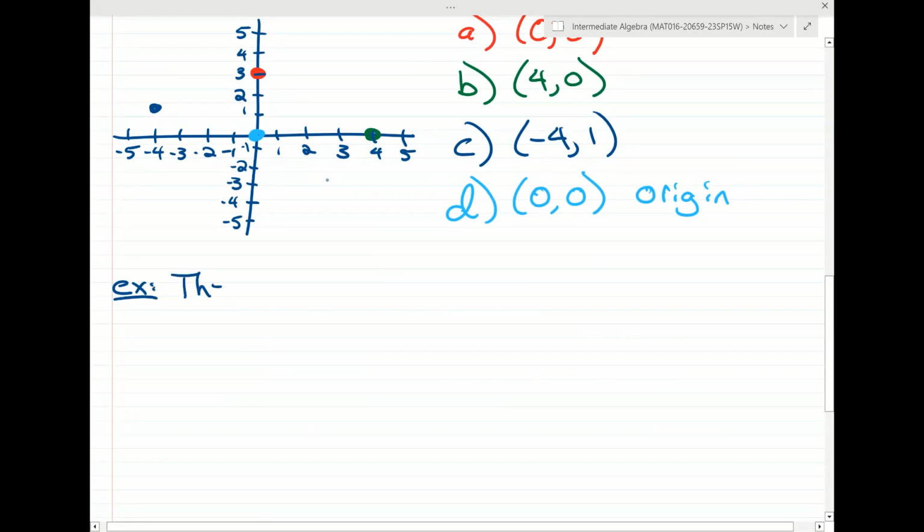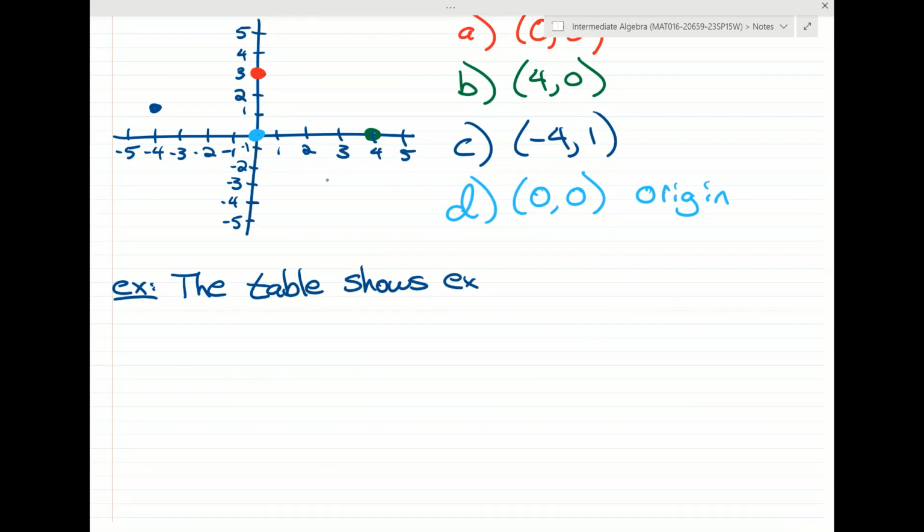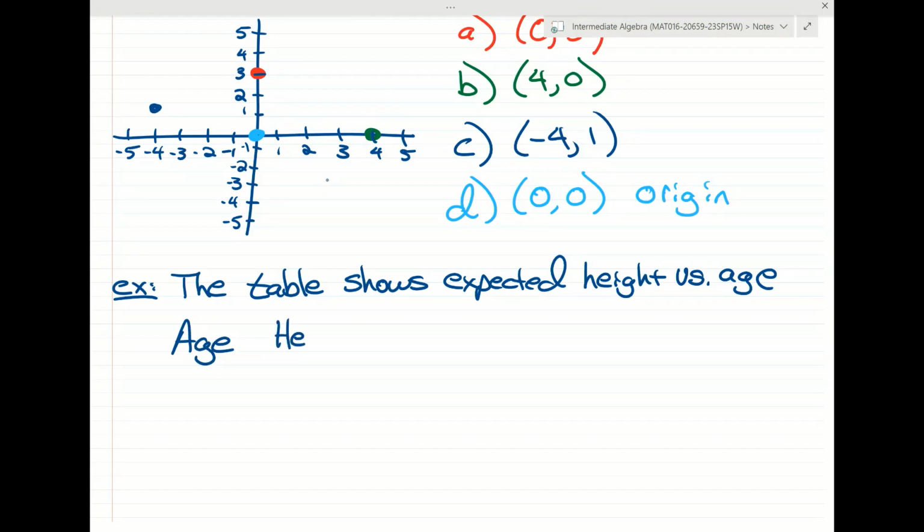What if I said the table shows expected height versus age? And I'll give you a column with age, and I'll give you a column for height.